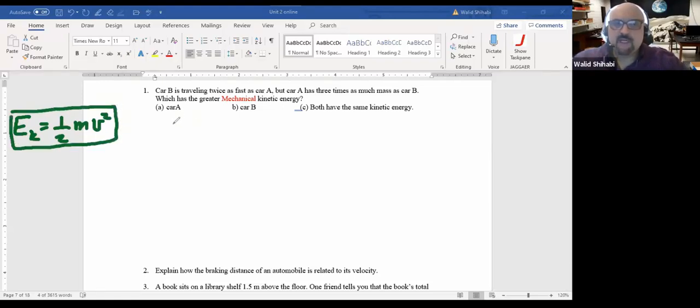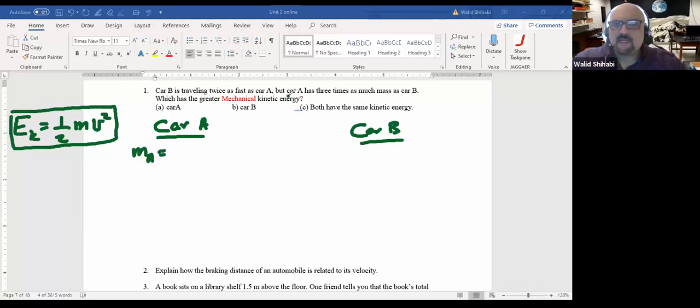Now let's apply it on car A and car B. So we have car A, and then we have car B. Let's see here, the mass of car A, what will we call it?